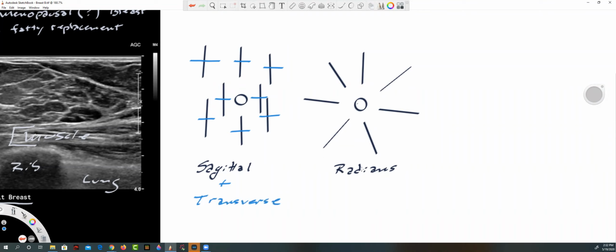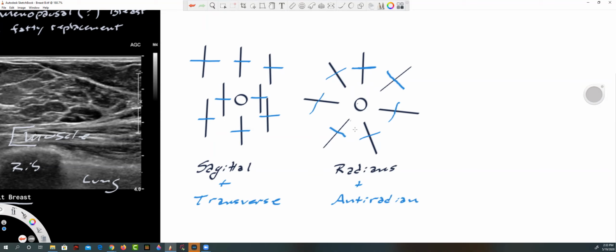Now radians, on the other hand, as you're going around, this one could easily be confused as sagittal and transverse, but the next one cannot. Radian and anti-radian.